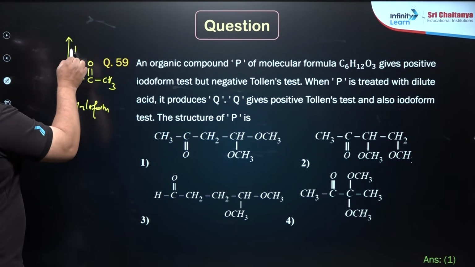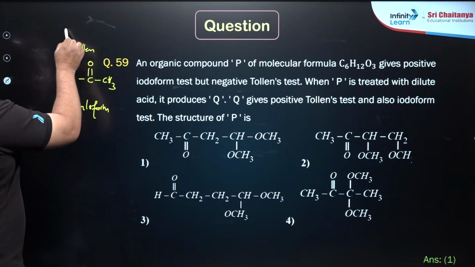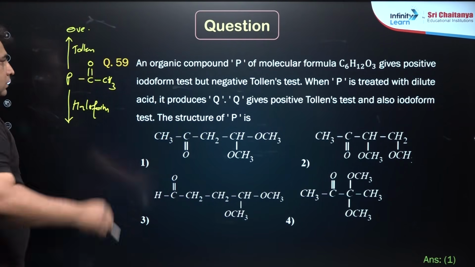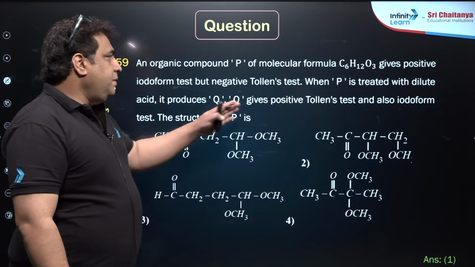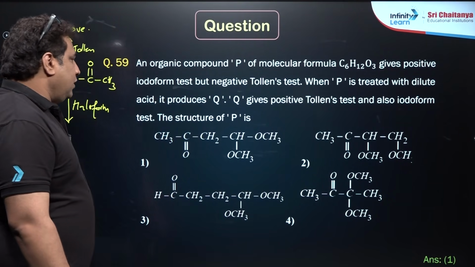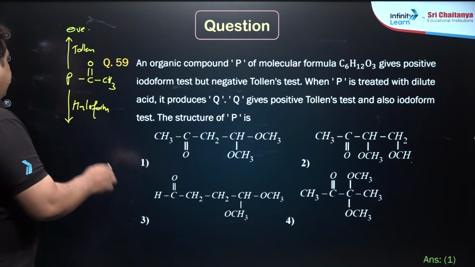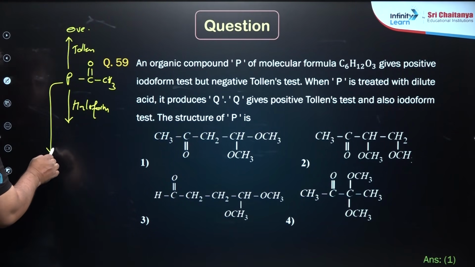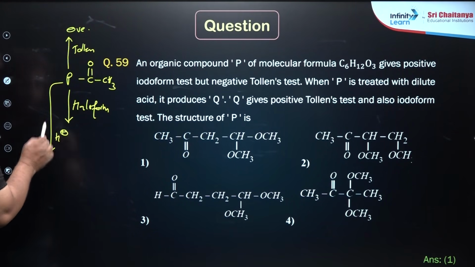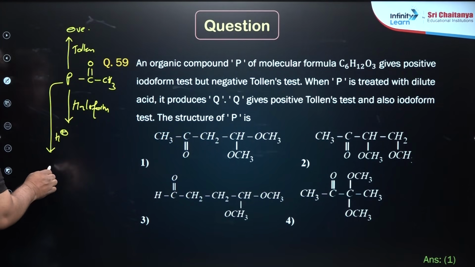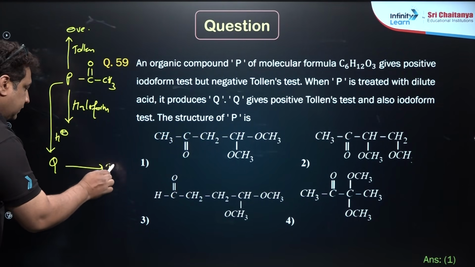So, if you do with toluene, it is giving negative. When P is treated with dilute acid, it produces Q. Q gives toluene. Okay. P when you treat with dilute HCl or acid gives Q. And Q is giving toluene.